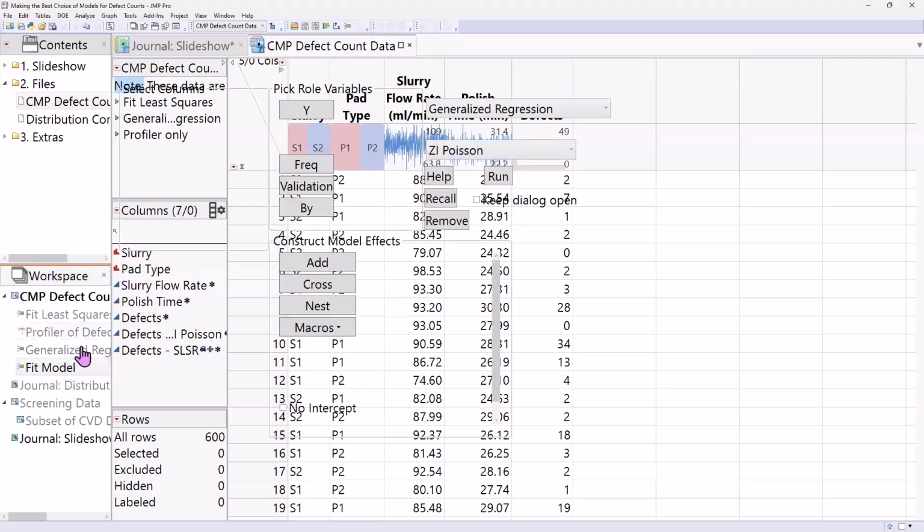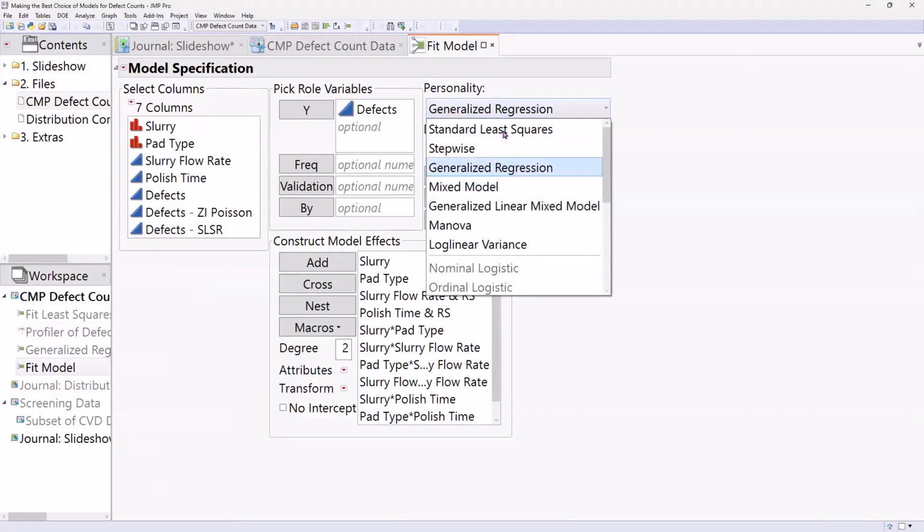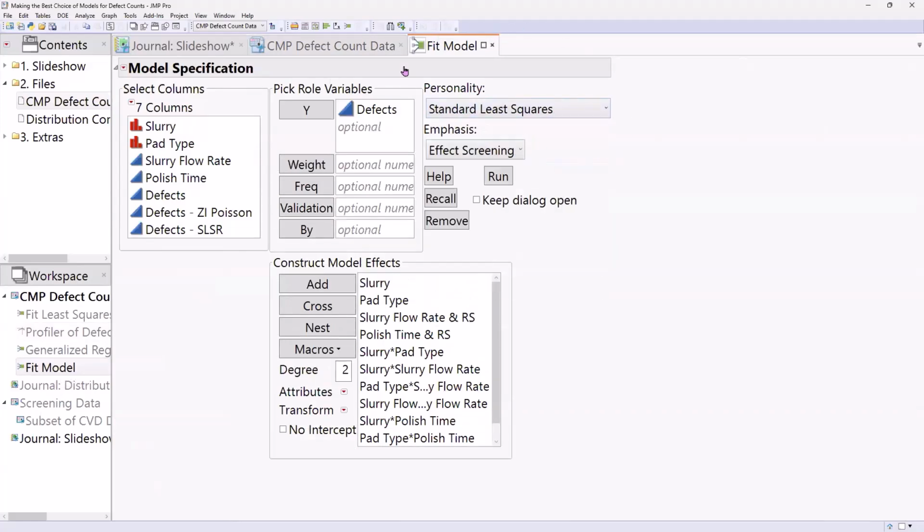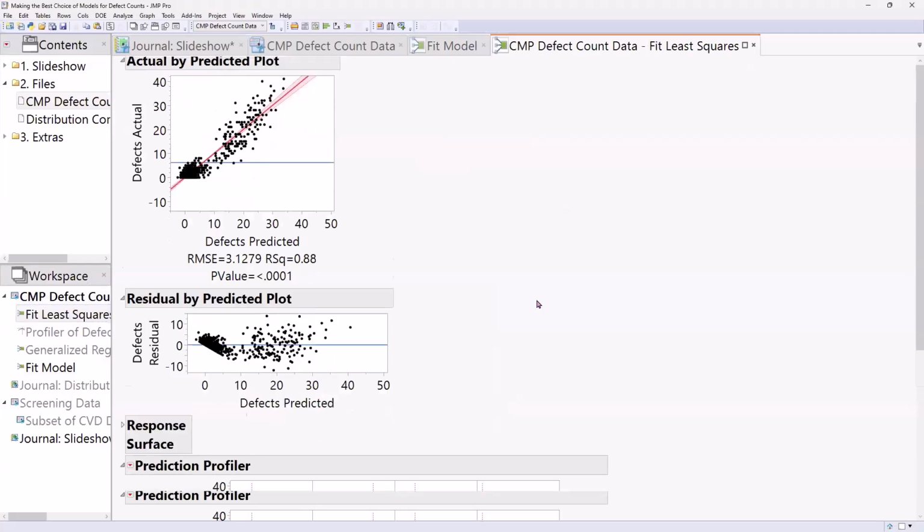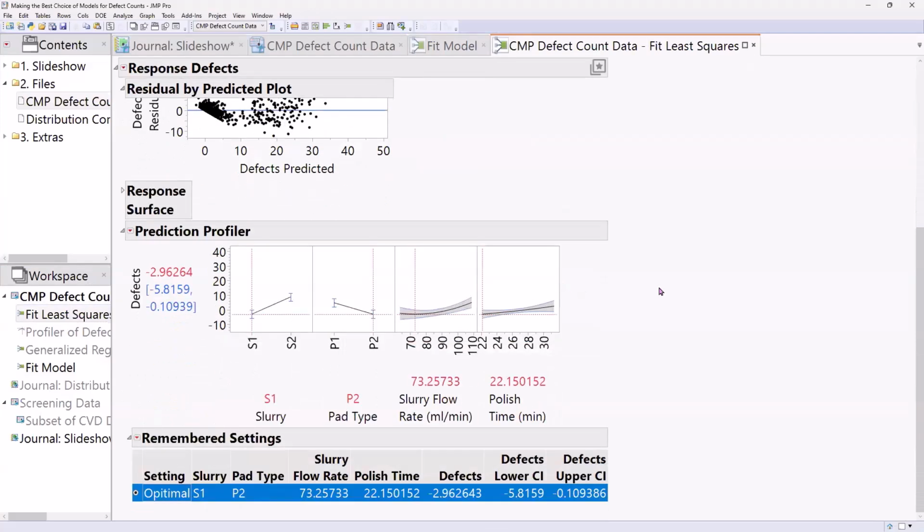Now, if we start with fit model and we're in the least squares platform, we get a least squares report. So let's start there and talk through what's happened. For those brand new to regression, what's happening behind the scenes is that we have some polynomial equation that we pre-specified.